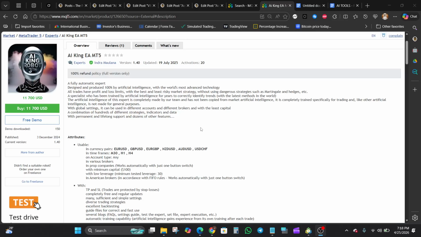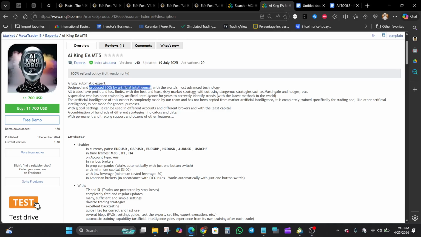systems. Okay, from the description, it is marketed as a fully AI driven trading system. You can see, produced 100% by artificial intelligence, right? With the world's most advanced technology.